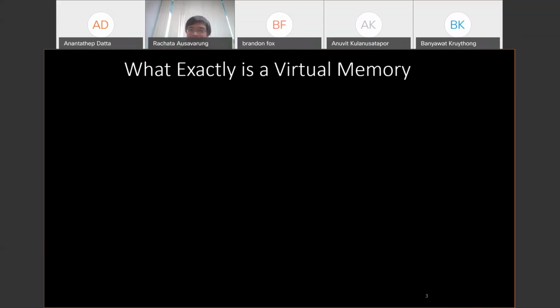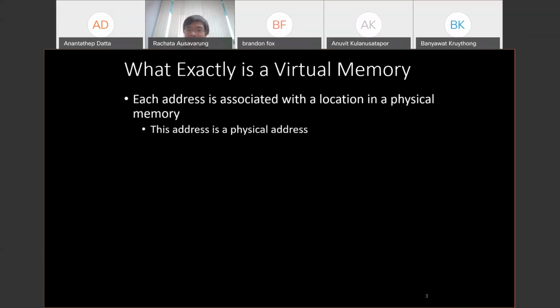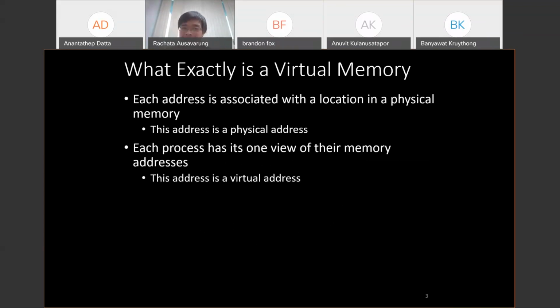So what exactly is virtual? Basically, when you have an address, it is associated with one unique location in your DRAM. This location is called the physical address. When you are running your application, all the pointers that you have are actually virtual addresses.